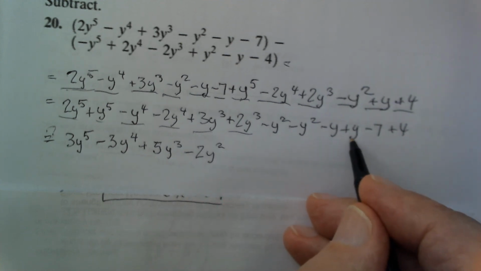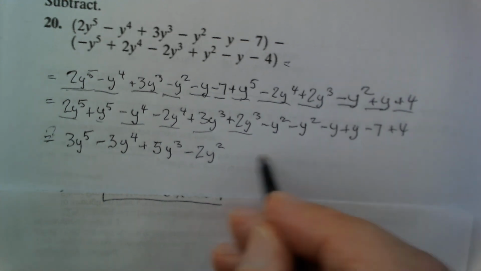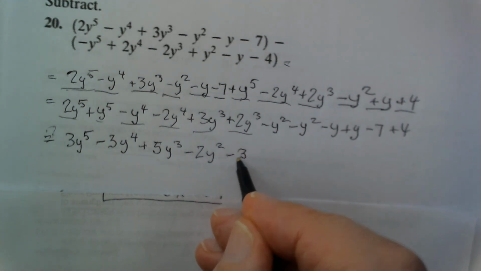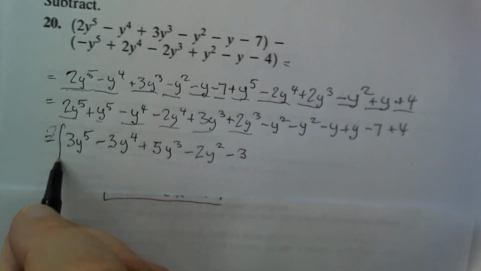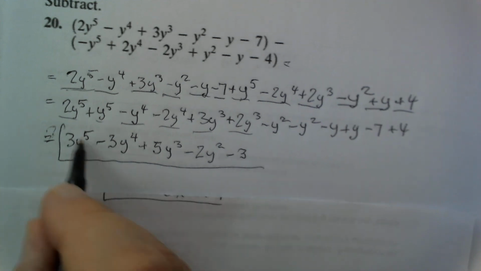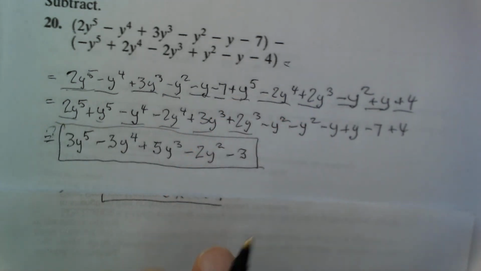And then minus y plus y is 0, so they cancel out. And minus 7 plus 4 is minus 3. So this then is our final answer to this particular problem here. And again, I would encourage you to do this on your own as well.